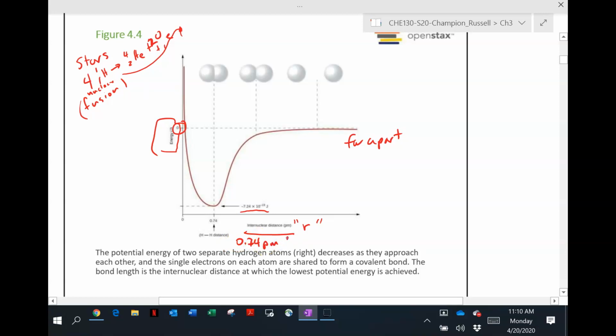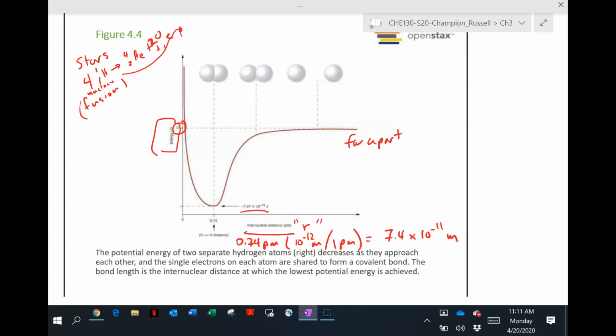A picometer is 10 to the negative 12th meters, so if I convert that, it would be something like 7.4 times 10 to the negative 11th meters, to give you a sense of how tiny that is. But that's one unit that we use for bond distance.